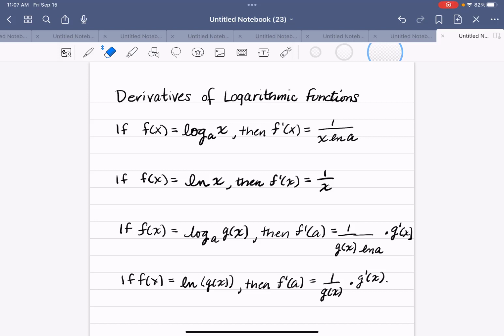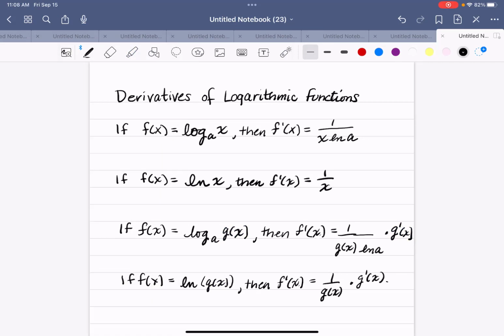So if f of x is log base a of a differentiable function g of x, then f prime of x is 1 over the function times the natural log of a, all in the denominator, and then chain rule by taking the derivative of this argument here. So that's the last thing you do.